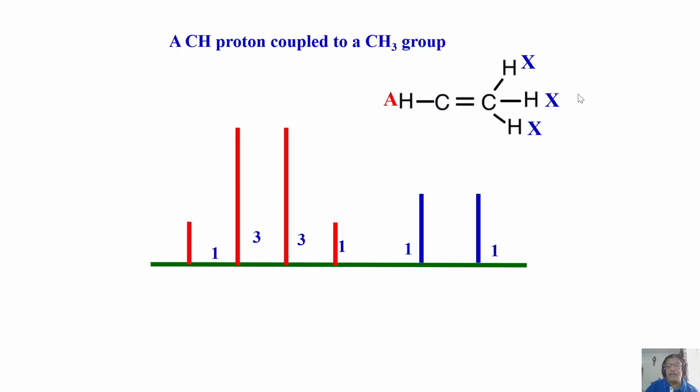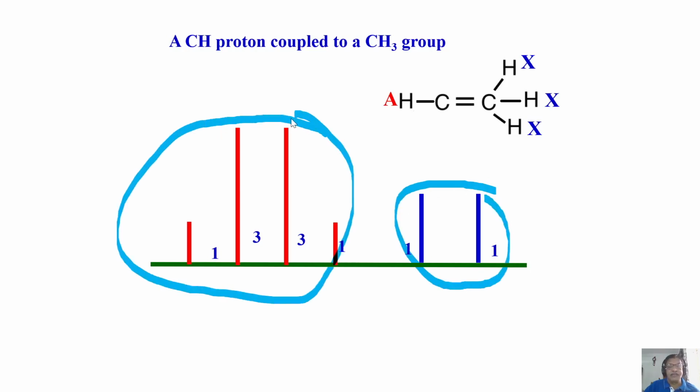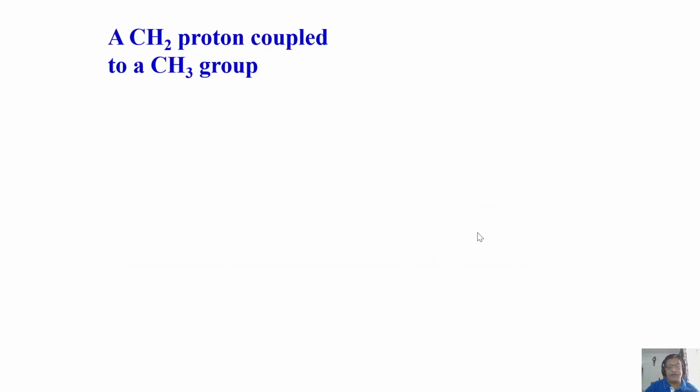Remember this one: CH3 will be a doublet, and CH will be a quartet in this coupled spin system. This is called a doublet and a quartet. Again, the center of this quartet gives you the chemical shift, adjacent lines give you the J coupling, and the center of this doublet gives you the chemical shift of X, and the adjacent separation gives you the J coupling.